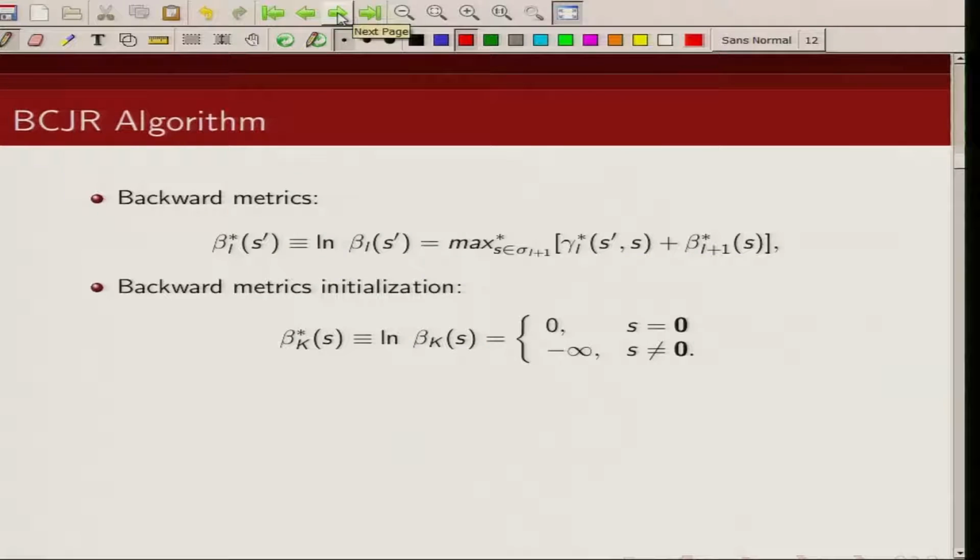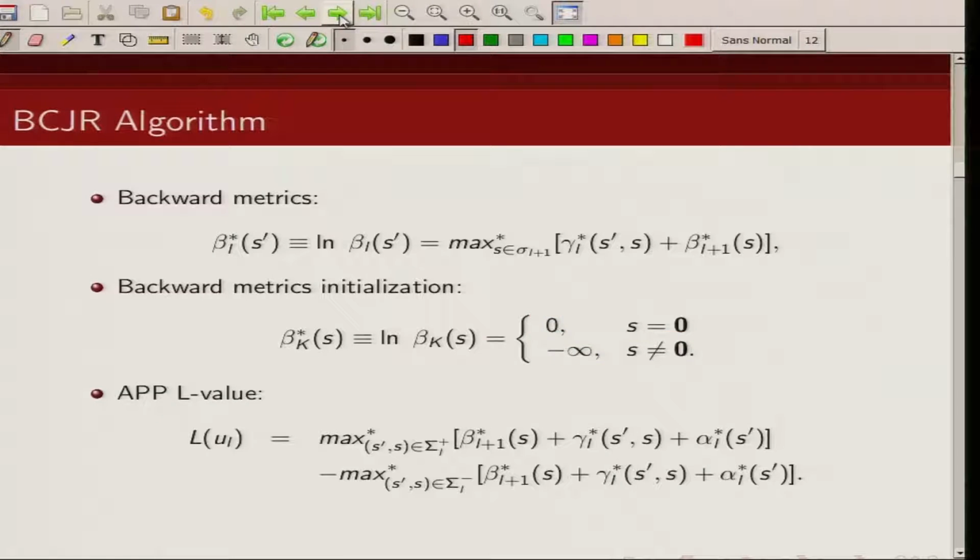And similar to alpha initialization, if we are terminating our convolutional encoder, then beta k at s equal to 0 will be 0, and for all other states it will be minus infinity. And of course, if we are not terminating it, then its probability of being in any state is basically the same.